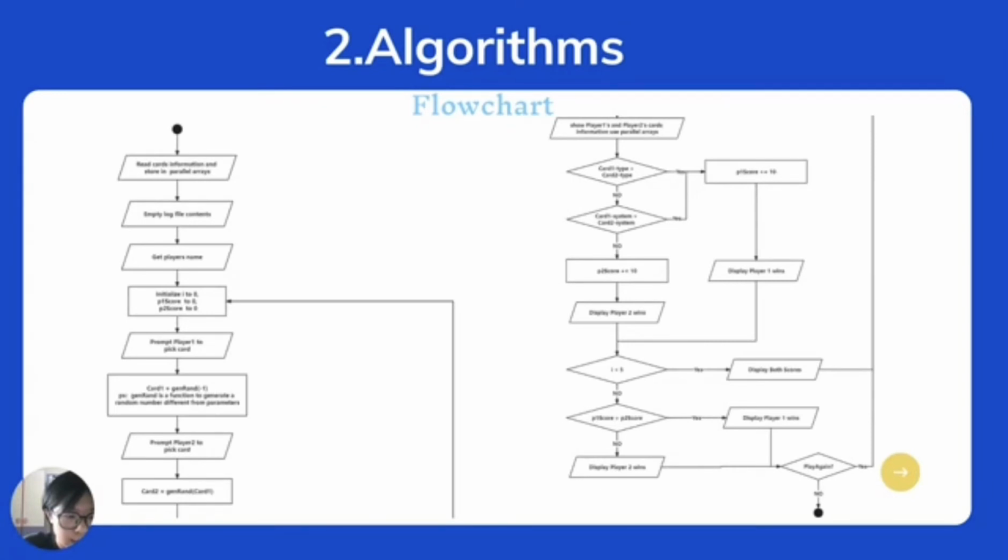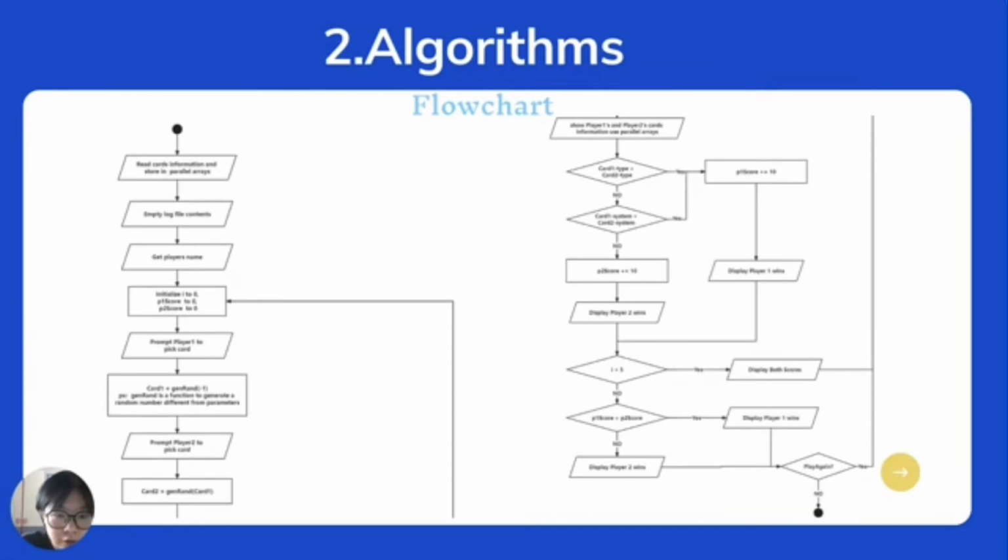In this case, I stands for the number of the round, and we prompt player 1 to pick a card, then prompt player 2 to pick a card. In this case, we will use the genRound function, which will differentiate player 1's card and player 2's card.